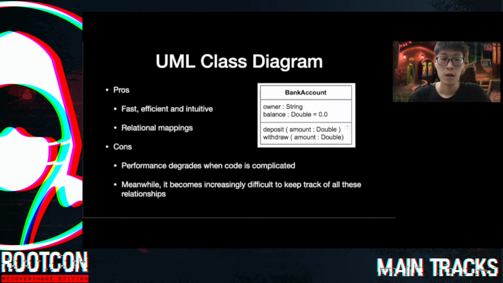The second one, UML class diagram. The UML class diagram is a graphical notation used to construct and visualize object-oriented systems. A class diagram in the Unified Modeling Language, UML, is a type of static structure diagram that describes the structure of a system by showing the system's classes, attributes, operations, and relations among objects.